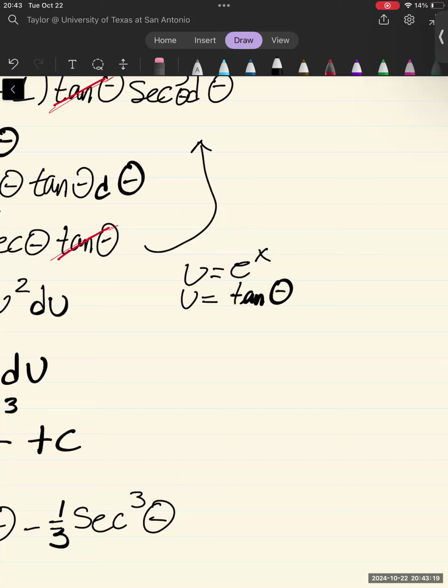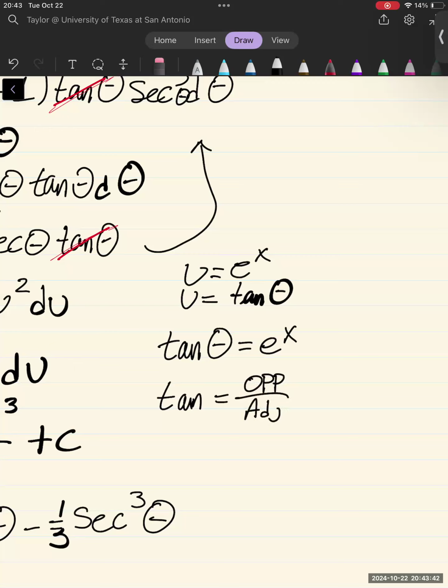So if tangent theta equals e to the x, if you guys remember from maybe geometry, maybe pre-cal, tangent can also be expressed as opposite over adjacent.